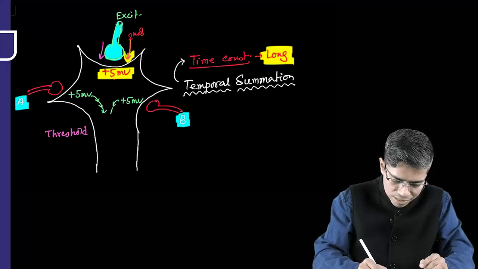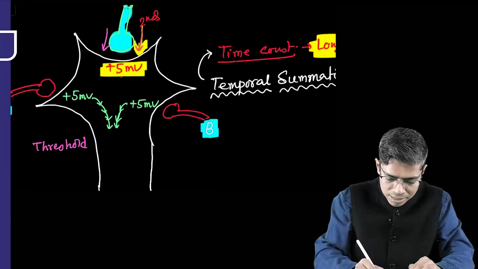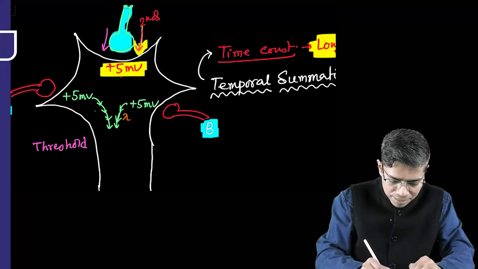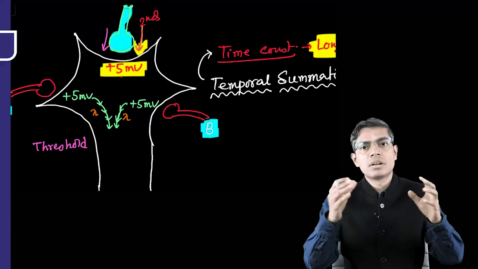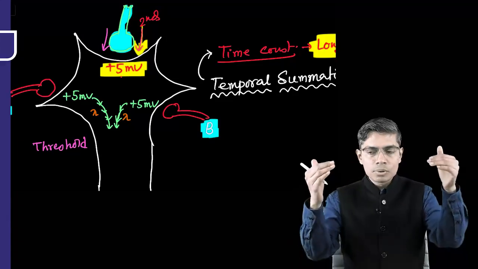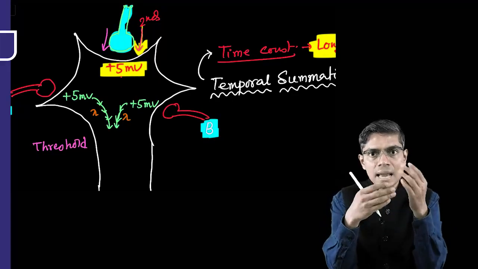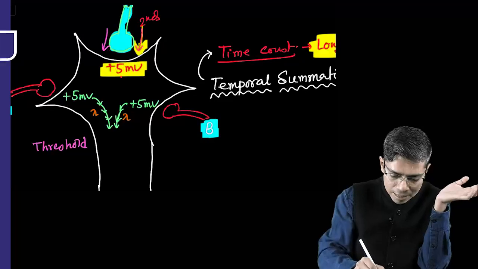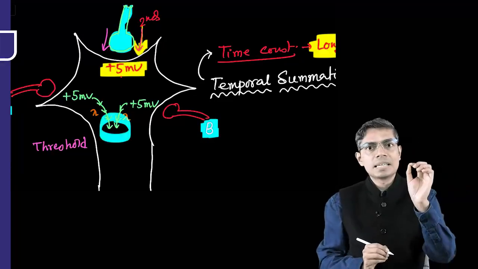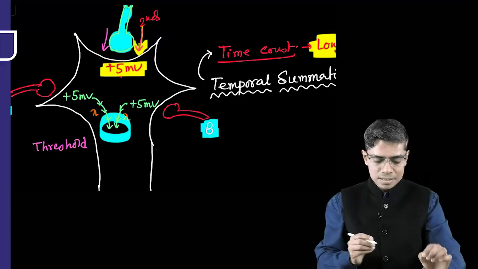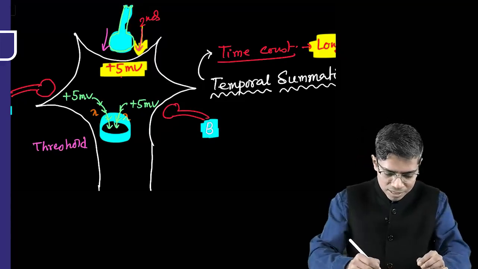Towards the initial segment, right? If their lambda or length constant is long enough, then both of these potentials will reach towards the initial segment and they will add up at this area. But if their length constant is very, very short, then you will be able to understand what is going to happen.